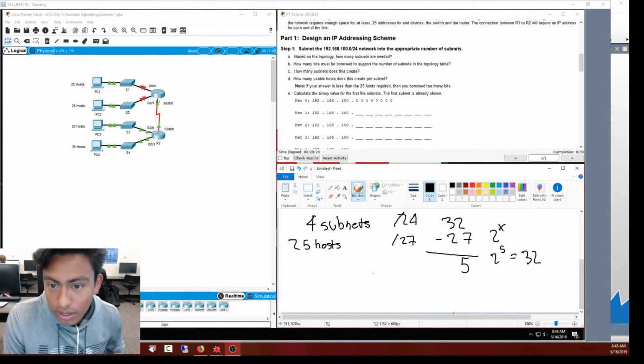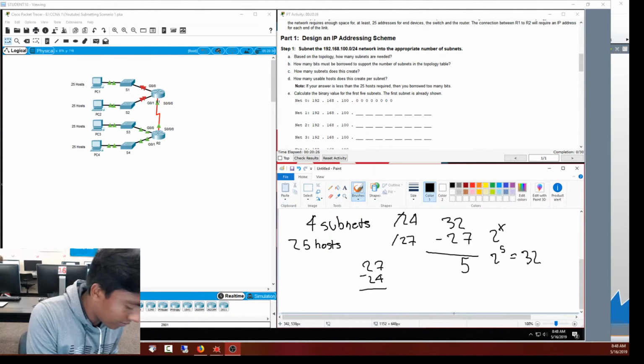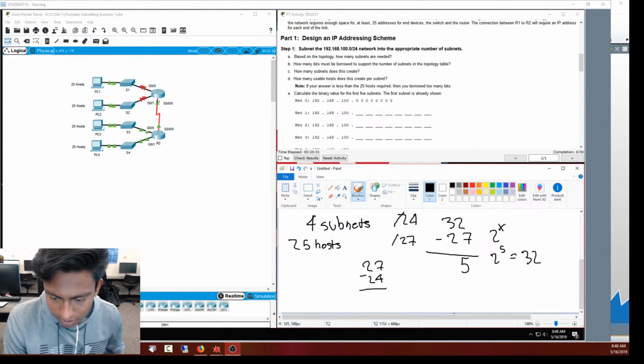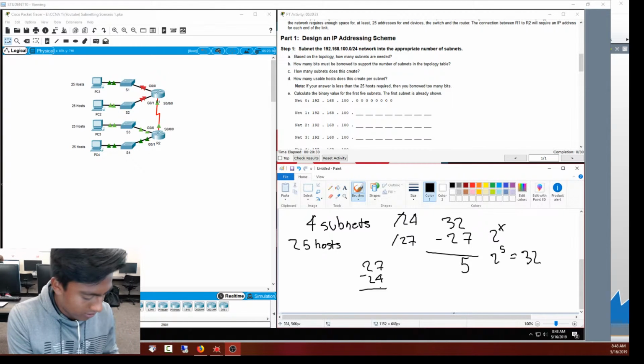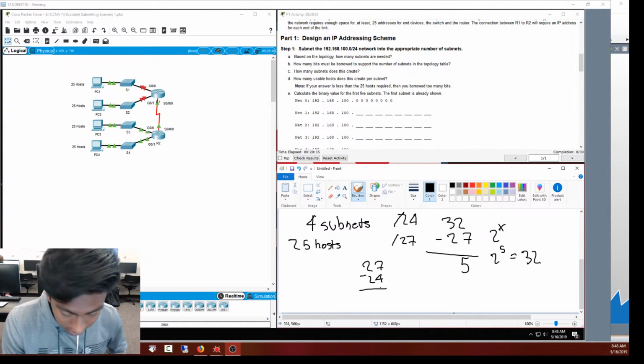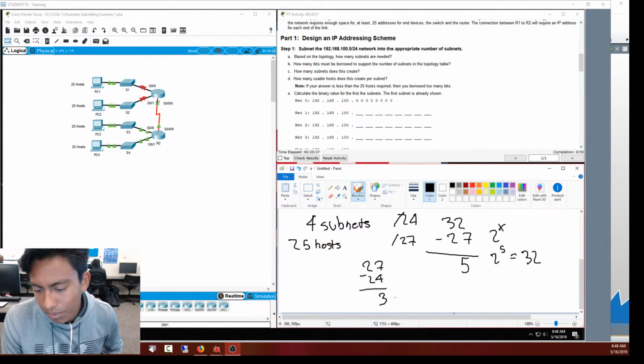the original /24, or /27 at this point, 27 minus the 24 that we had originally. That's 3, and we plug that into 2 to the x power, which gives 8.